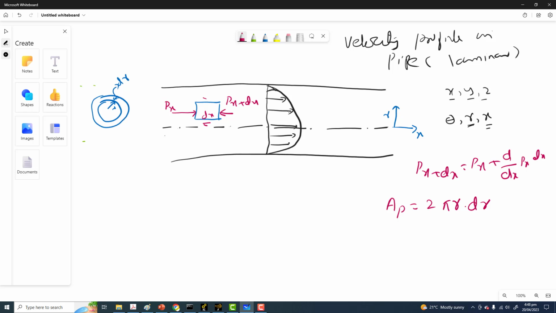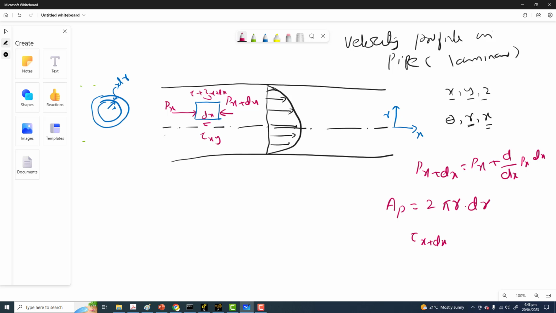On the top side, the shear stress would be like this. So this is tau xy, and here we can write tau at x plus dx.